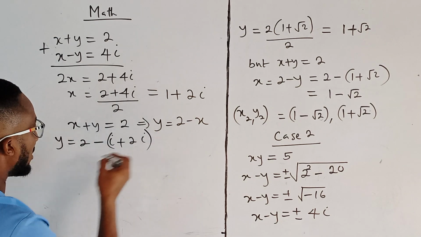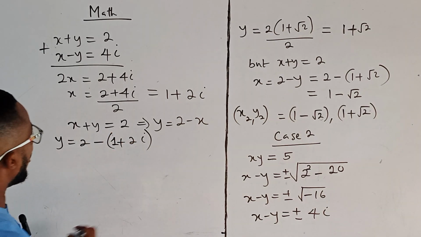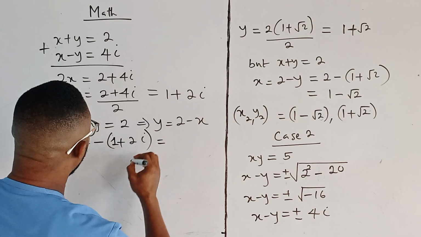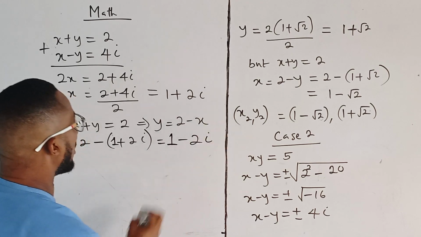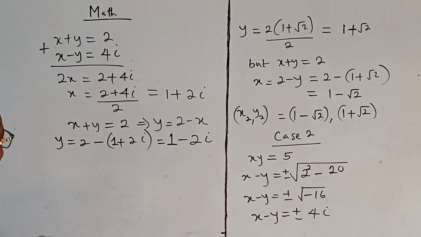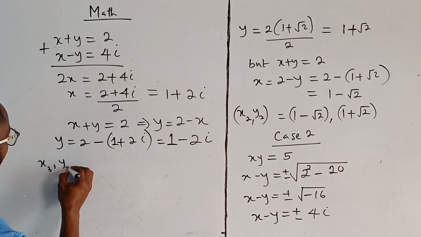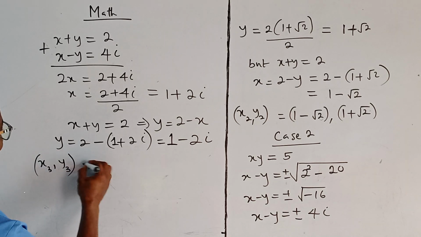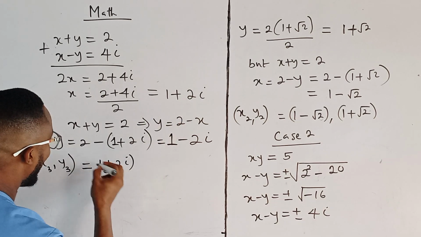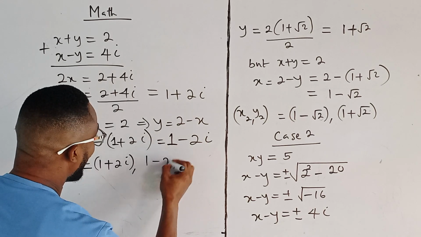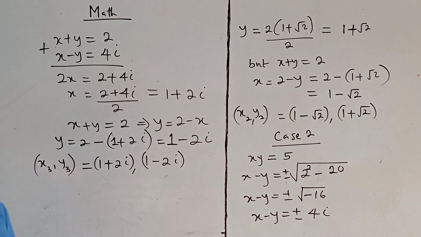If I put this in parentheses, I'm going to have 2 minus 1, which is 1, minus 2 iota. So s3, y3, let me put it in parentheses, will be (1 plus 2 iota, 1 minus 2 iota). This is the third solution.